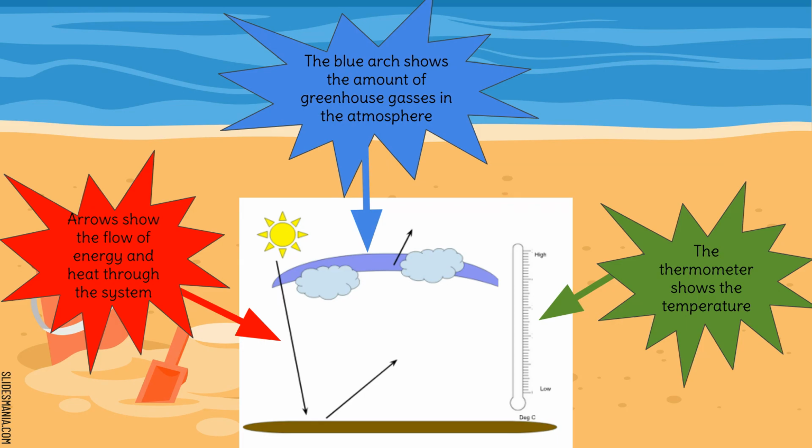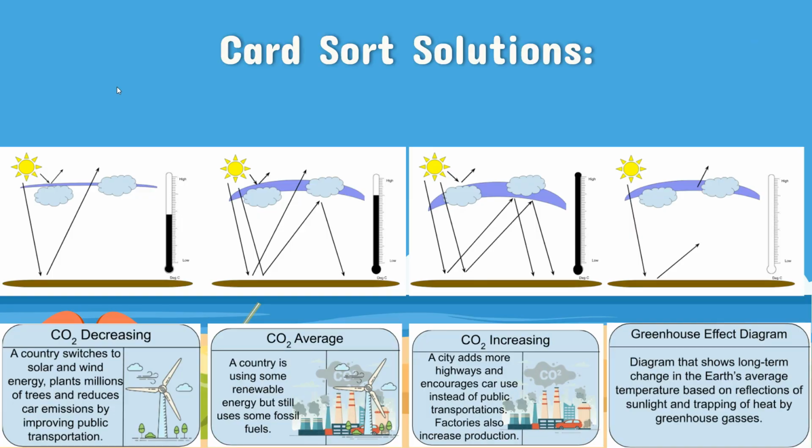All right, so hopefully you've finished your card sort. We're going to go ahead and take a look at the solutions before you work on your quiz. So here are the solutions for our card sort. This first one is looking at CO2 is decreasing. So a country switches to solar and wind energy, plants millions of trees, and reduces car emissions by improving public transportation.